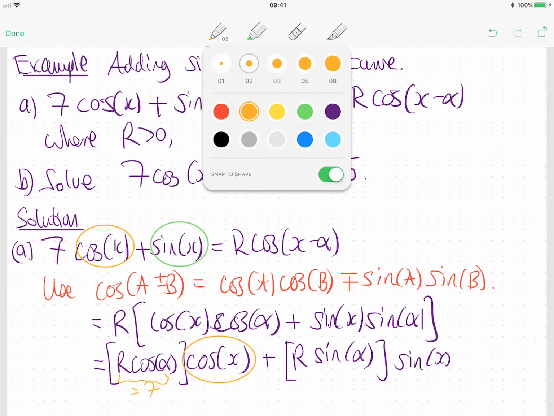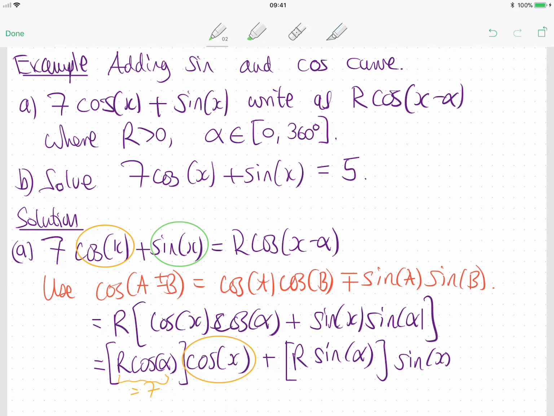And similarly for sine, we already have sine circled on the left, so this number must be 1. So we can build two equations. The first equation says that r cos alpha is 7, and the second is r sine alpha is 1.